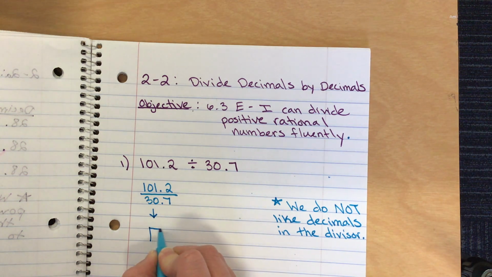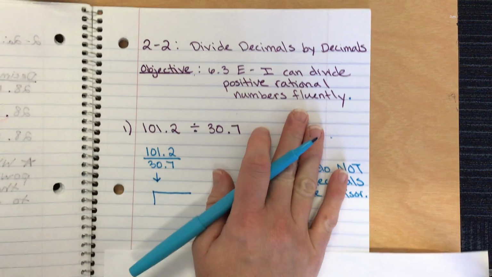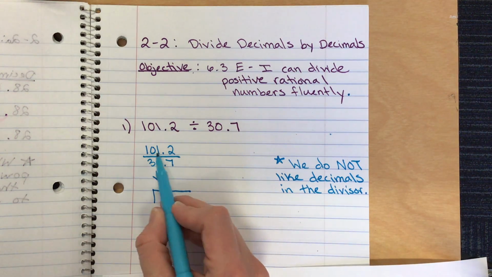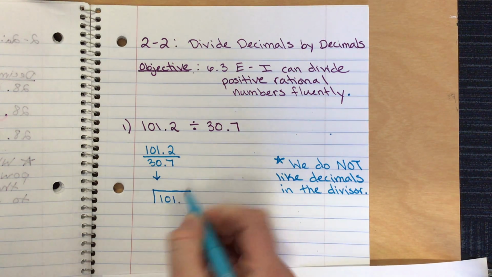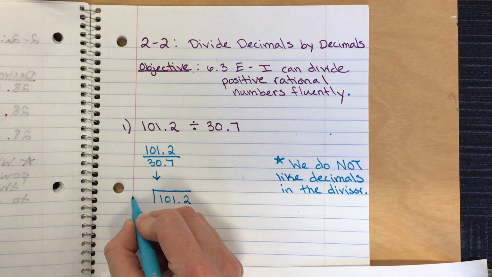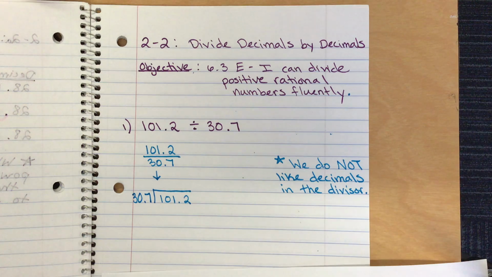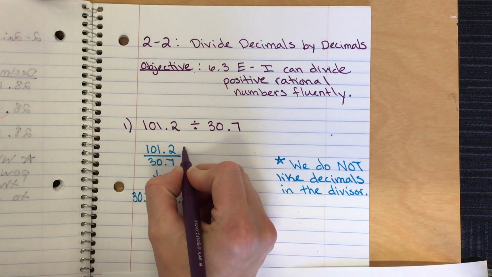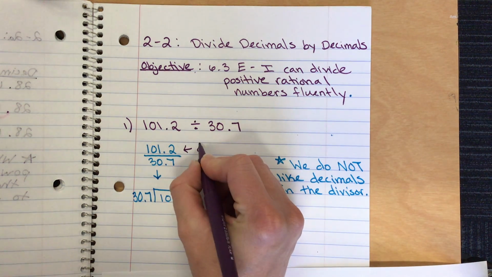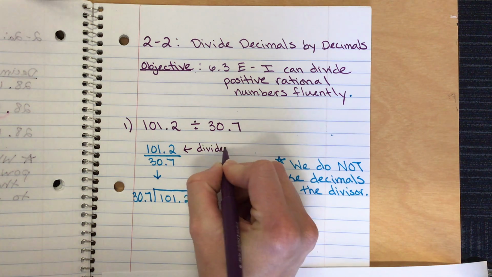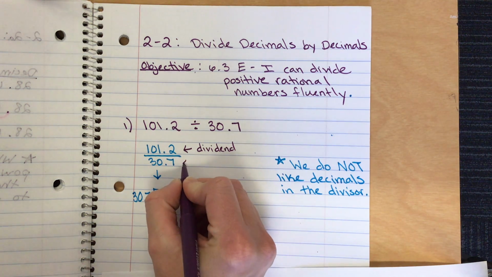And we know top dog gets the house. So I have 101 2/10 as my dividend and 30 7/10 as my divisor. Okay, and I do want you guys to actually label that. Dividend and divisor.